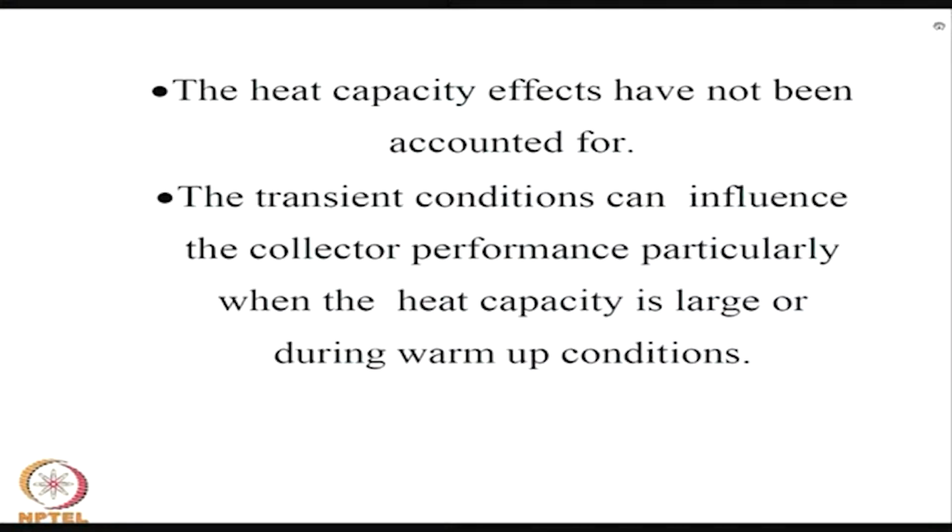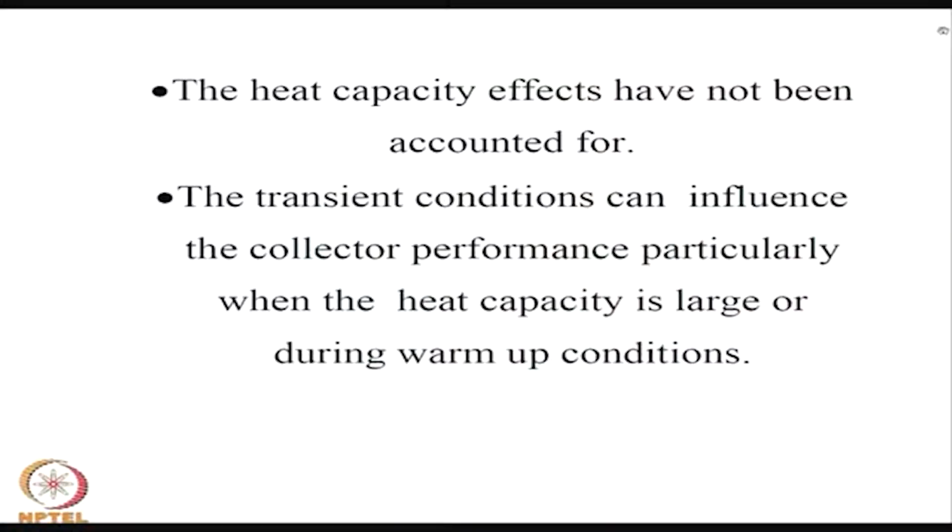Even if we make certain assumptions in this analysis, subsequently you can apply this unsteady analysis with simplifying assumptions a number of times to get more or less time varying performance of the solar collector, either by virtue of solar radiation varying, ambient temperature varying, or wind velocity varying.